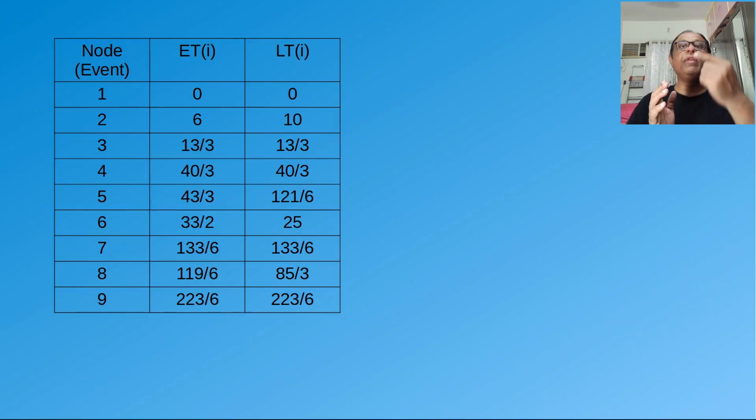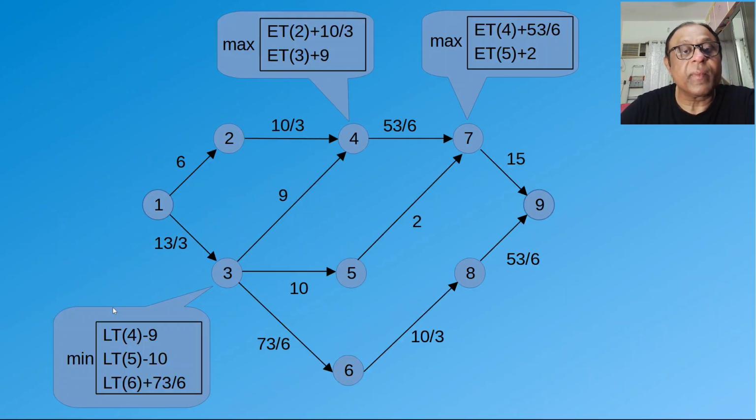Now we start moving backwards to calculate the late time of 8. Once we calculate it, I'll explain the logic of what it means. To calculate the late time of 8, we take the late time of 9, that is 223 by 6, and from that we subtract 53 by 6.